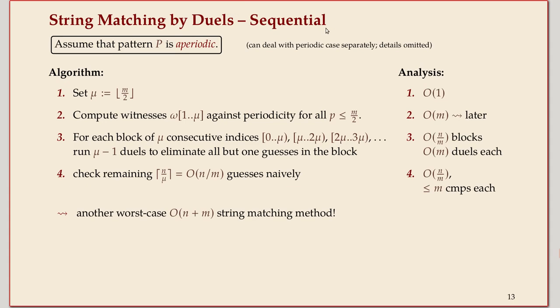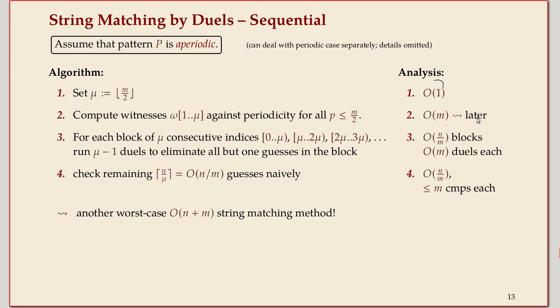But let's briefly stay in the sequential setting and analyze how long this takes. Well, the first step is easy. It's just a computation of one number. We can do that on all processors or just one. OK, sequential, sorry. So just constant time to compute that. Then we have to compute all those witnesses against periodicity. I'll tell you in a second that it is essentially, again, our good old friend, the failure function.